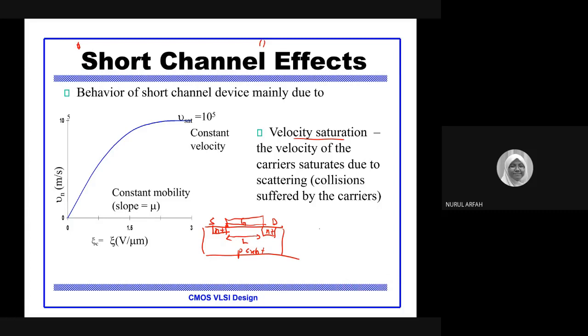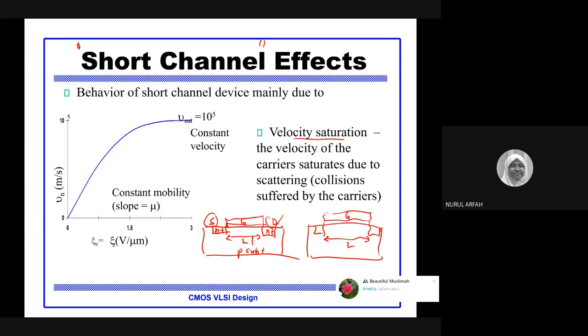If I draw another transistor with a longer channel like this, this is a gate, and over here the length of the channel is a little bit wider than the left side. For the short channel, the source and drain become near to each other because the length is reduced.